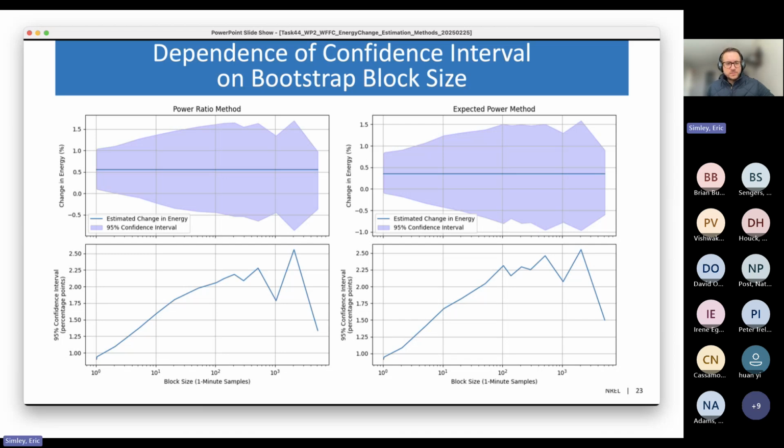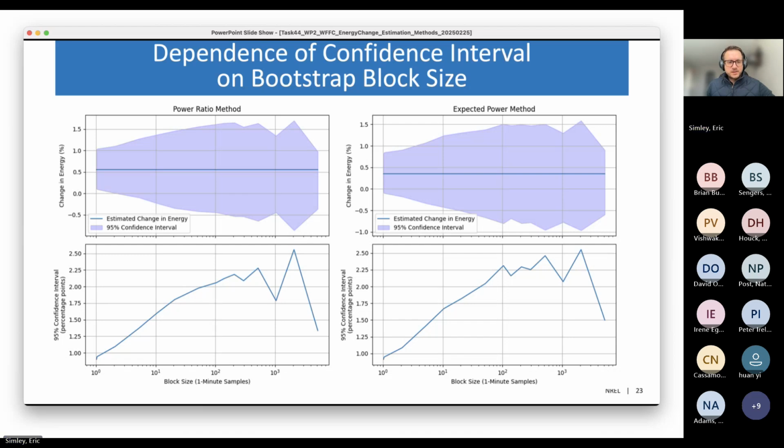I also thought it was interesting that the confidence intervals are very similar for the two methods. So that was just kind of reassuring that using these two approaches, one normalizes by reference power, the other doesn't, we get similar uncertainty, although I wasn't expecting that.